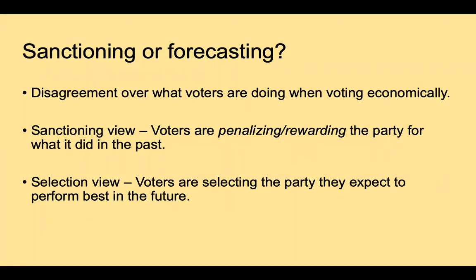It may be that voters make an assessment based upon both to some degree, but it's probably the case that ultimately they're either more so looking back and sanctioning or more so looking forward and selecting. And then the question becomes, what does that say about political behavior and about the rationality of behavior in the vote, in the economic vote?